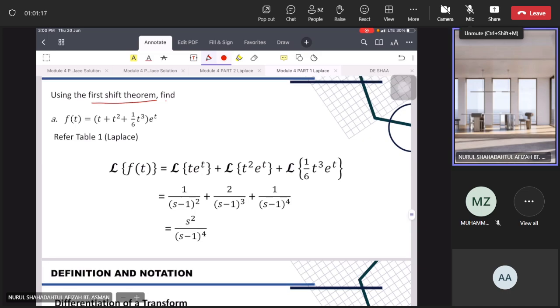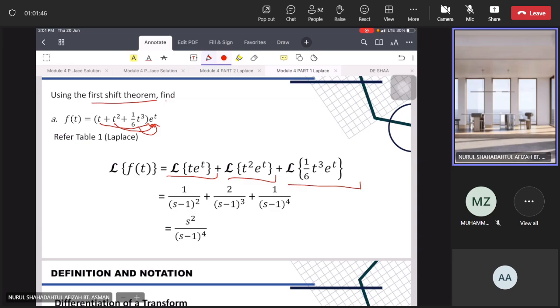This one is a bit complicated. Just t times e, t times e times e, and this one times e. So you get this one. It applies t e^t, t squared e^t, and 1 over 6 t cubed e^t.